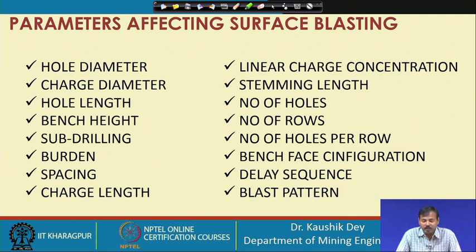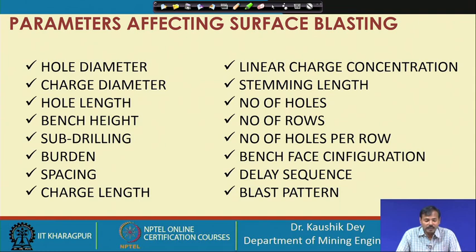This basically gives you the idea about the magnitude of the blast. That means, in one blast round how much material is being blasted, how many kgs of explosives are being used, number of holes per row, bench face configuration, that is, what is the configuration of the bench face, then the delay sequence and the blast pattern.